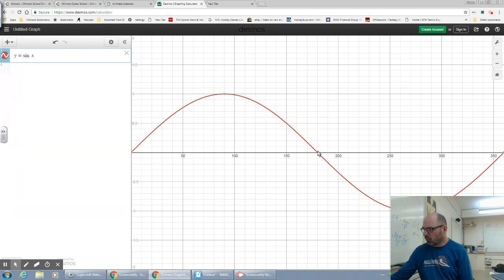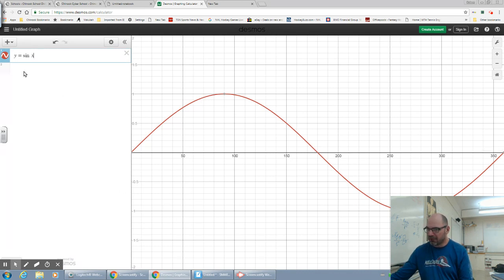Then as you go to 180, it hits the x-axis again, swings all the way around, and it's 0 again. Then at 270, it's pointing straight down along the y-axis because it's y over r, and if r is 1, it's just sine y in the unit circle. And then over here, it's 0 again.